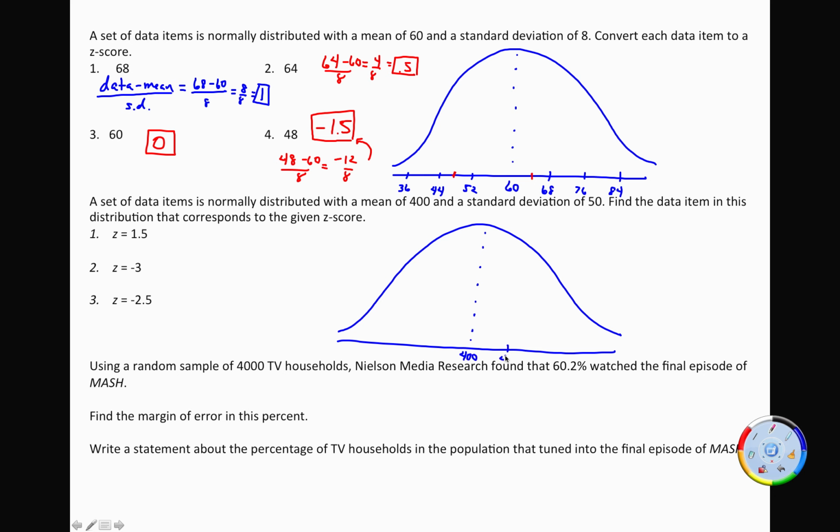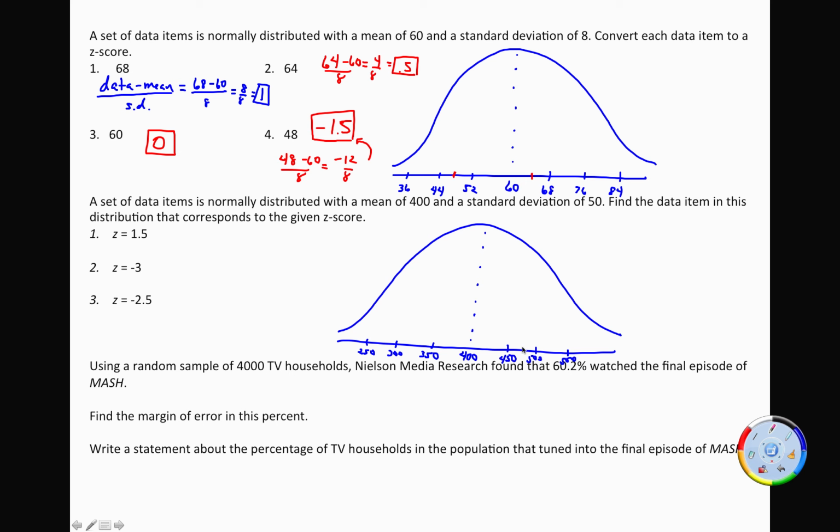So that means 450, 500, 550, 350, 300, 250. Find the data item in this distribution that corresponds to a z-score of 1.5.